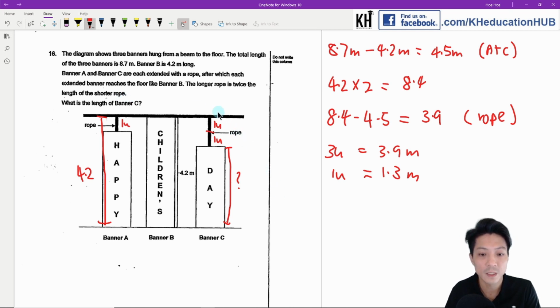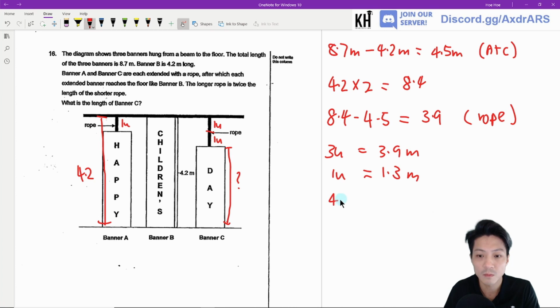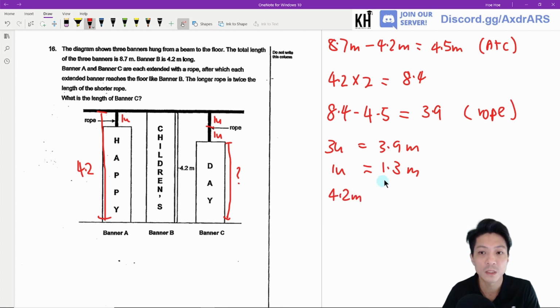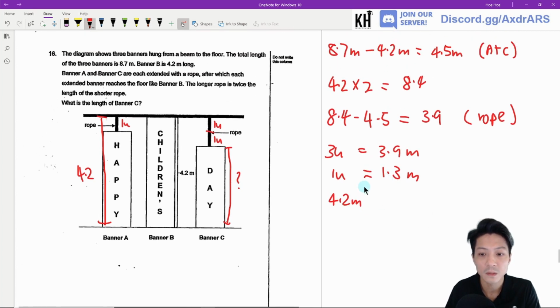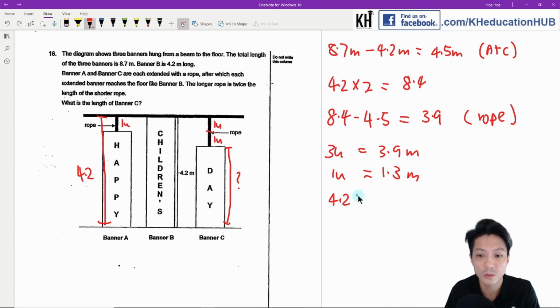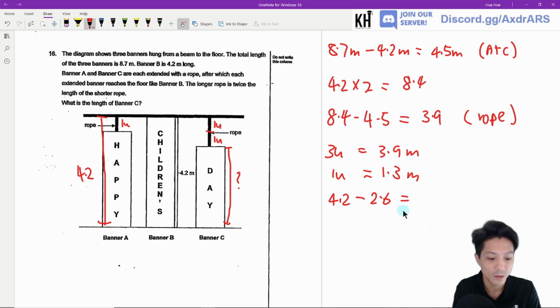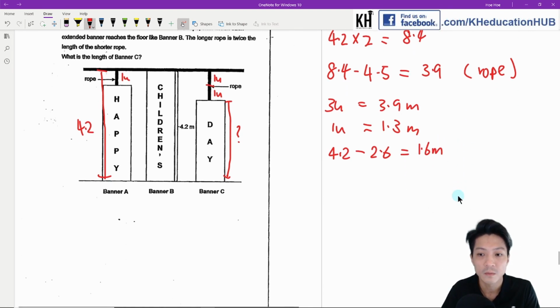So in order to find banner C, I need to use 4.2 meters minus away the 2 units, so minus away 2.6. 4.2 minus 2.6 gives me 1.6 meters. So this is the length of banner C.